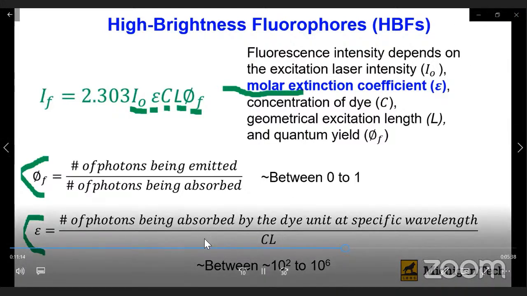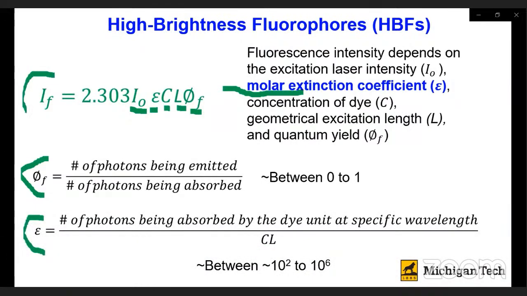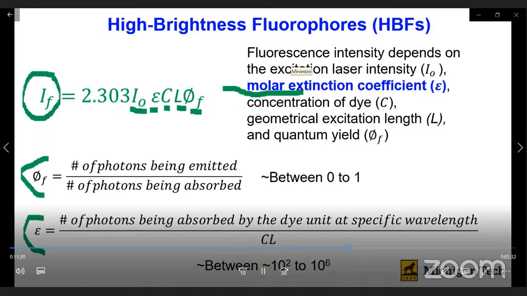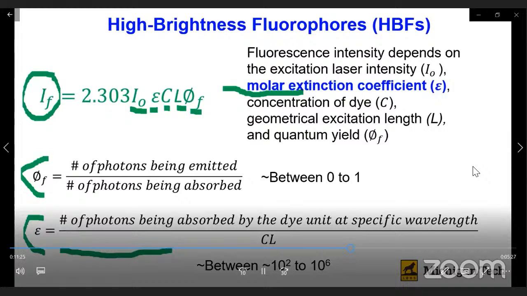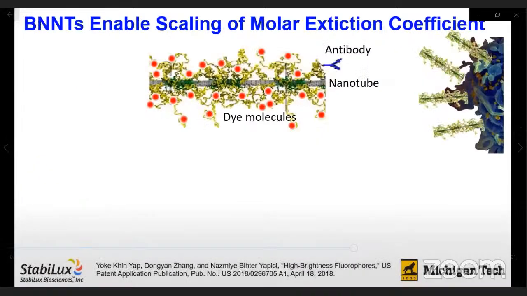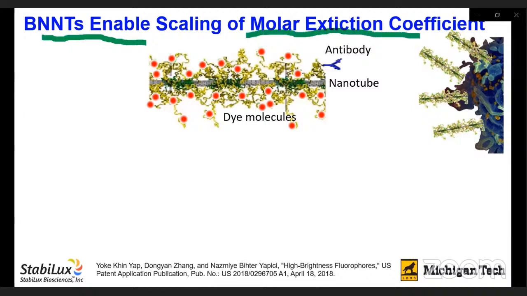This means that if you would like to produce a high brightness fluorophore with very high intensity, it is much more cost effective to work on how to increase the molar extinction coefficient. Let me show you how we use boron nitride nanotubes to enhance the molar extinction coefficients of our fluorophore.